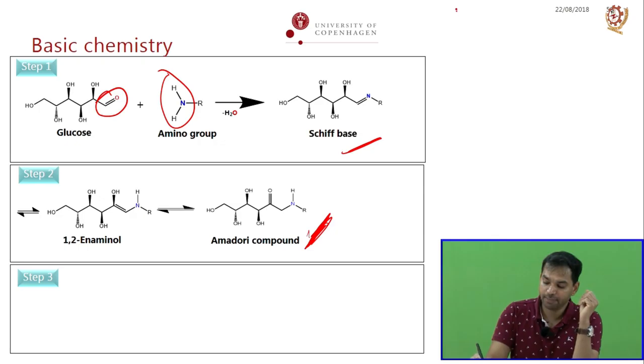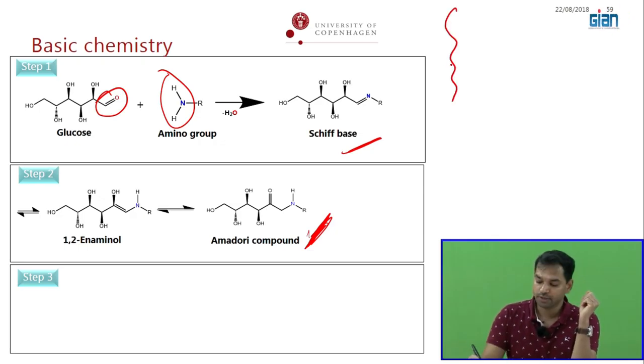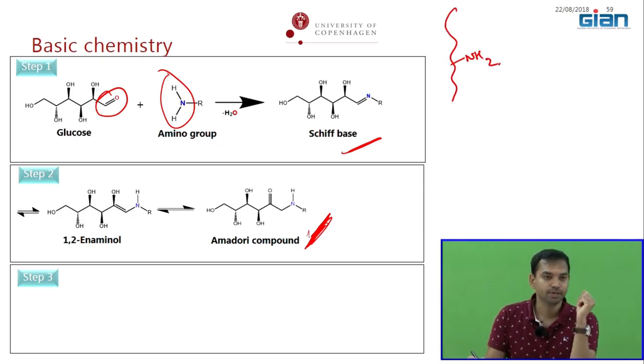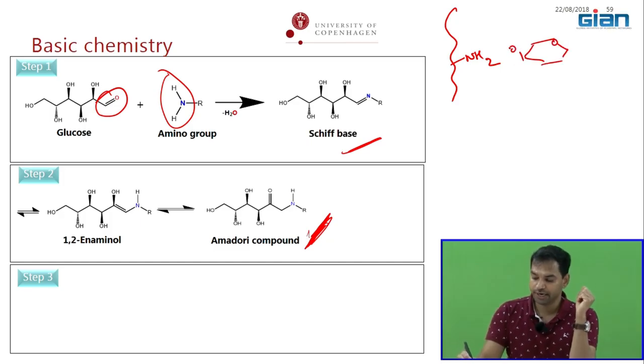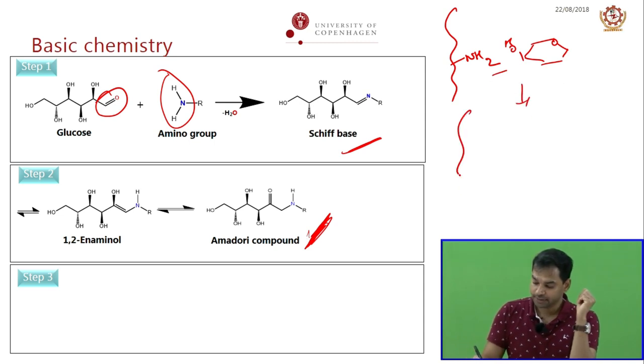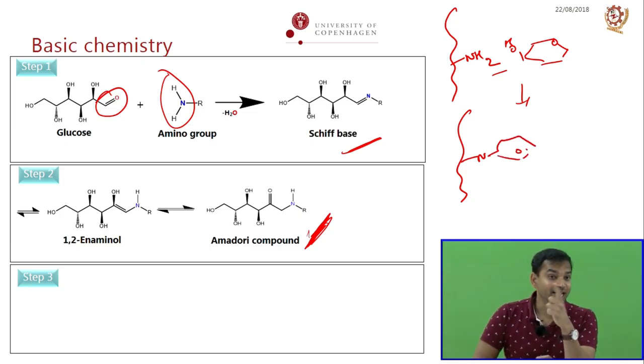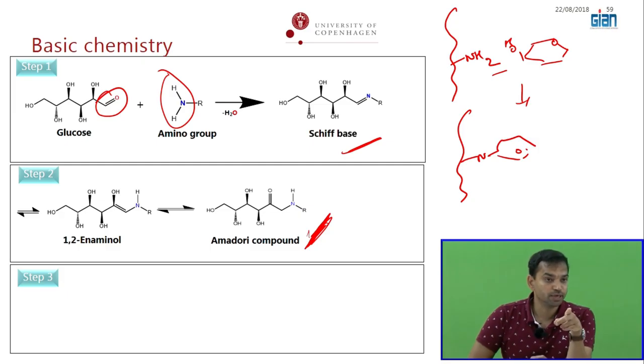Basically, what exactly happened here is that you have a protein containing an amino group, and you had a sugar. This was a sugar with the reducing end, right? And they react, and now you get a protein connected to a sugar. It's called glycation. Glyco means sugar.